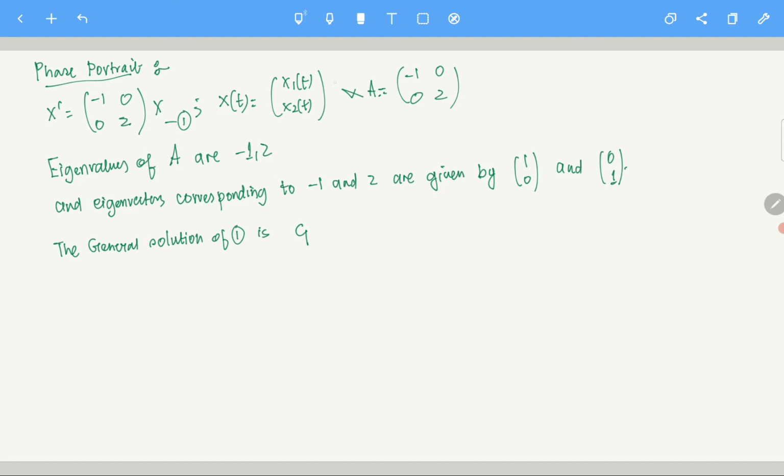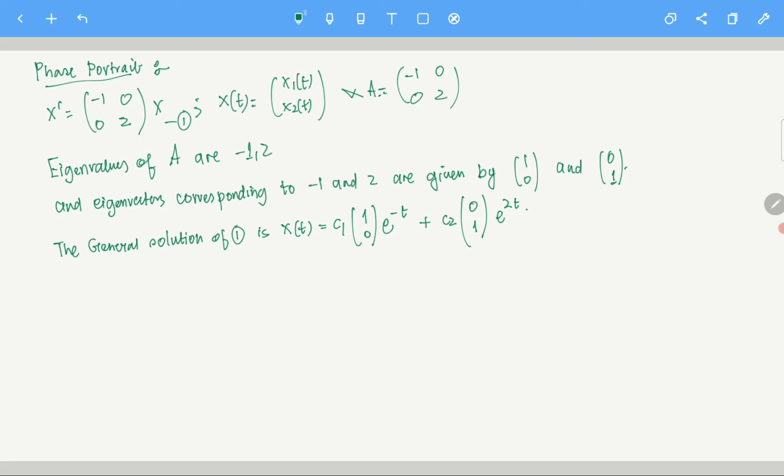So let me write it like this: x of t is c1 times the vector 1 0 times e power minus t, plus c2 times the vector 0 1 times e power 2t. I hope this is clear. So that's the general solution.